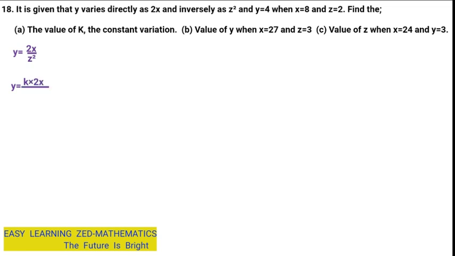Then we are going to evaluate k multiplied by 2x. So we write y is equal to, k multiplied by 2x gives us 2kx, over z squared. That is the equation we're going to be using, the one I've circled. That's the one we're going to use in question A, and also in questions B and C. Remember, you need to be careful when forming this equation.